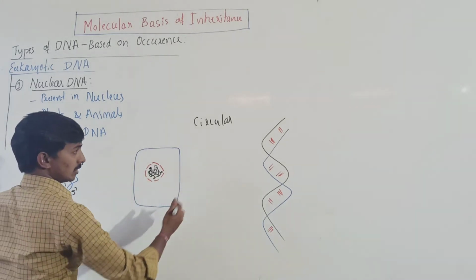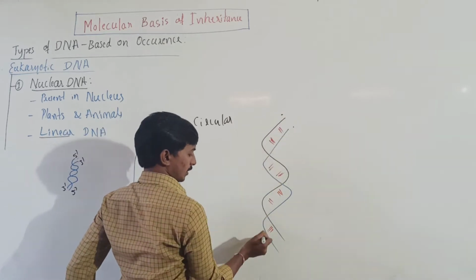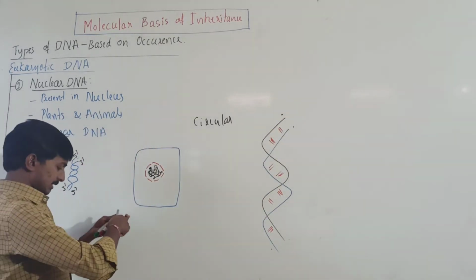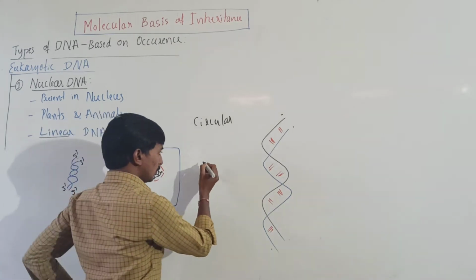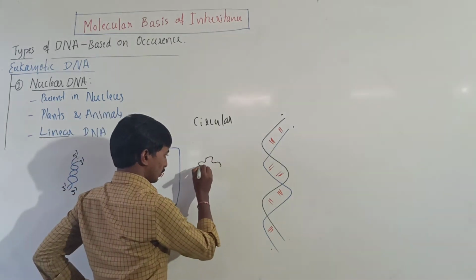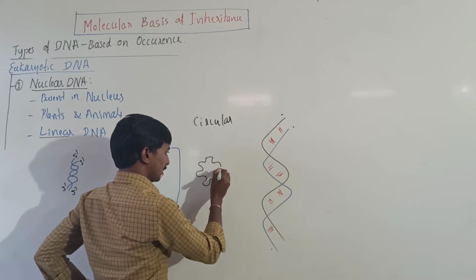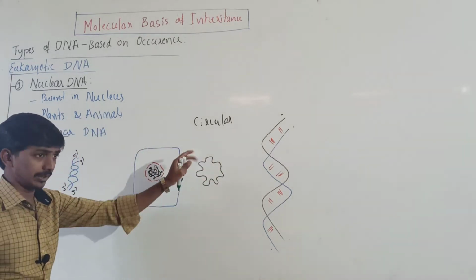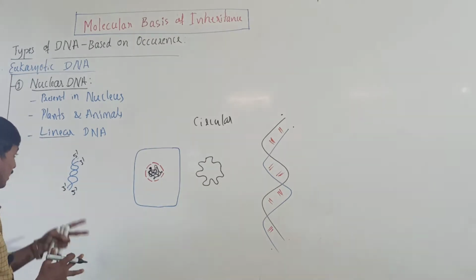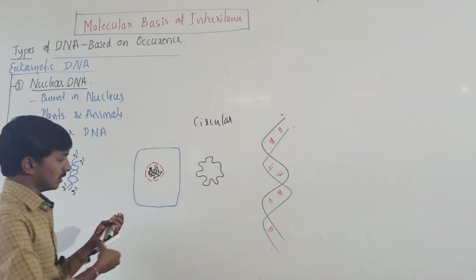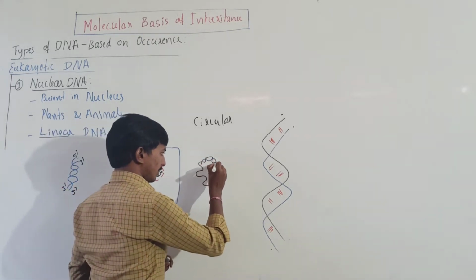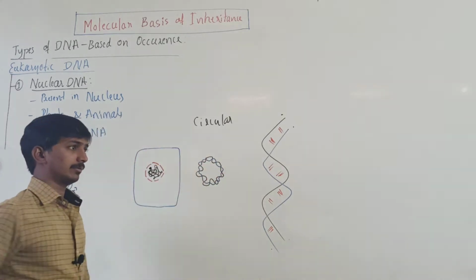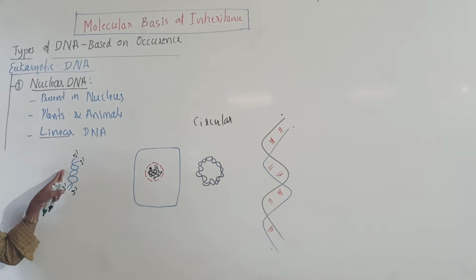Just like this, the two ends are free. That is linear DNA. Circular means the DNA, though it is double stranded, is joined to itself, meaning the ends are not free. It is double stranded in prokaryotes too, but it is circular, while here it is linear.